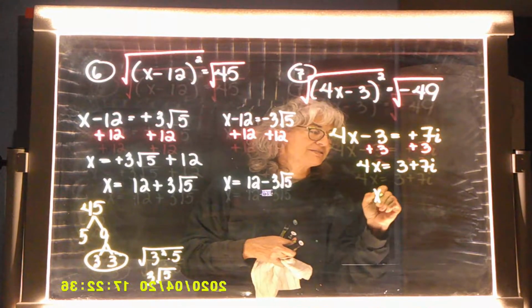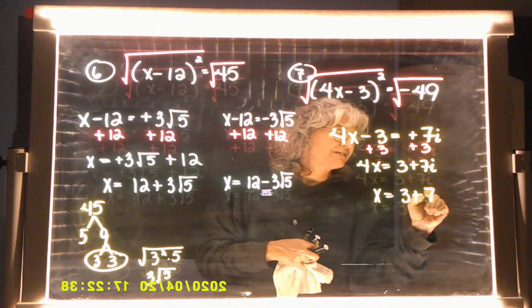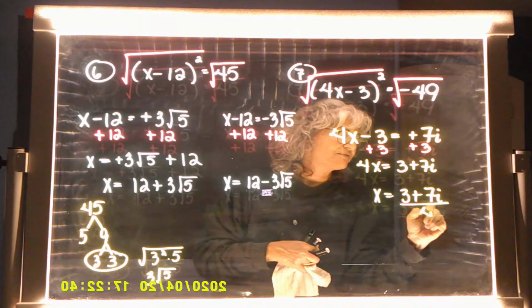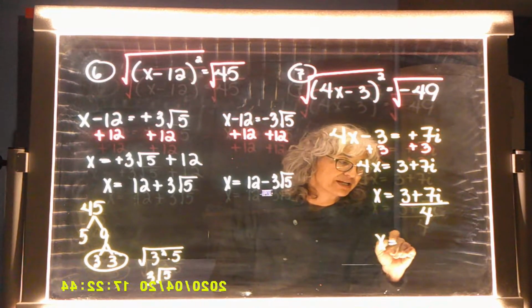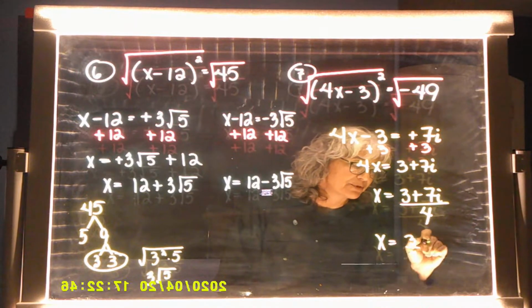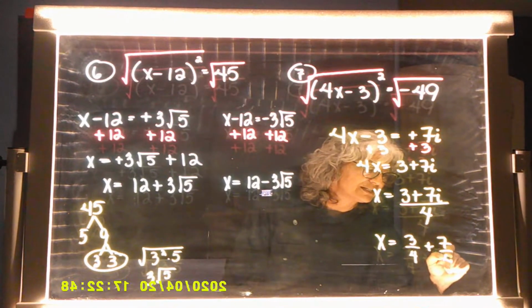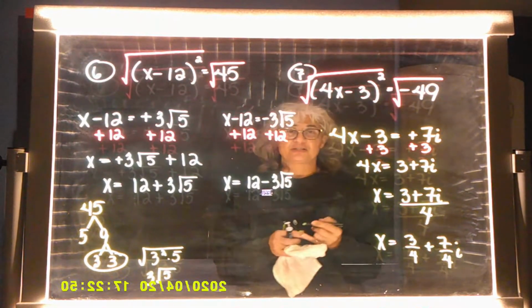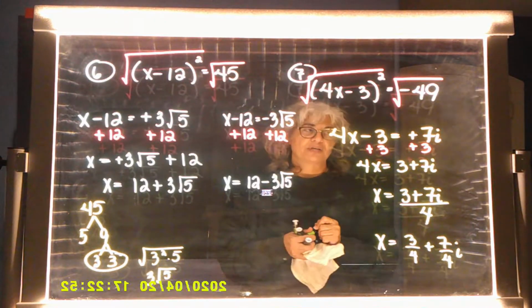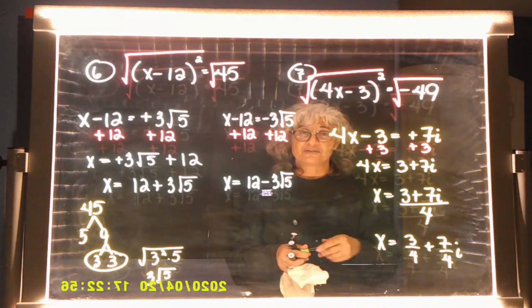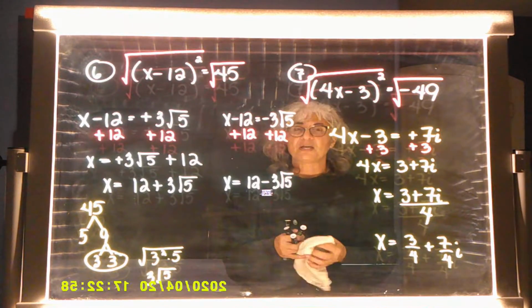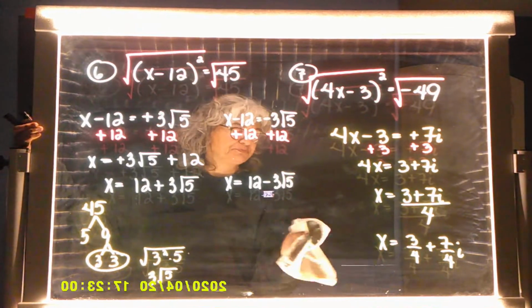So we end up with x equaling 3 plus 7i, the whole thing divided by 4. But you have to write them as 2 separate fractions. You can't leave them as one fraction, can you? Okay, so that's one of my answers, 3/4 plus 7/4 i. Let's go find that other answer.